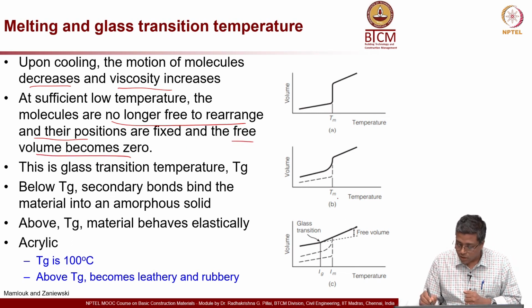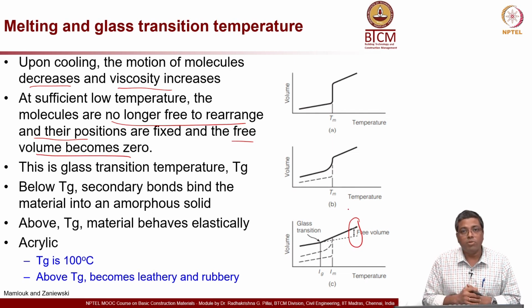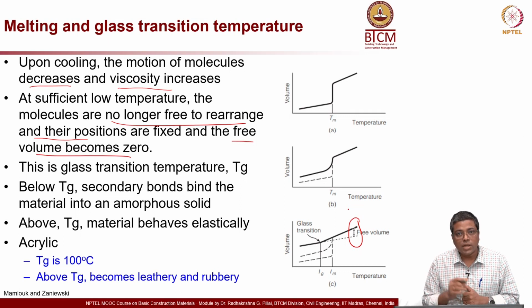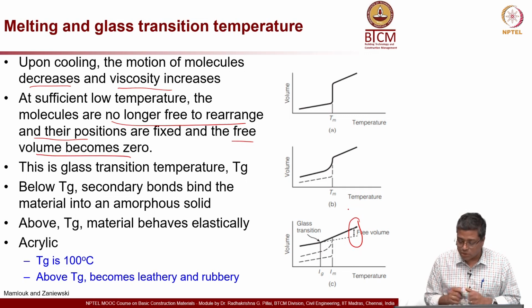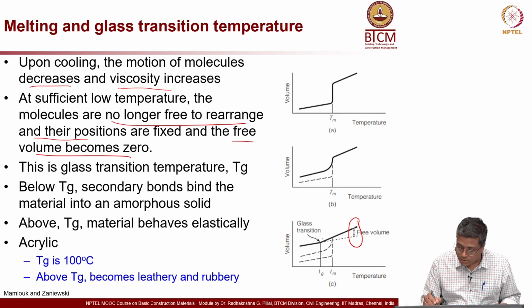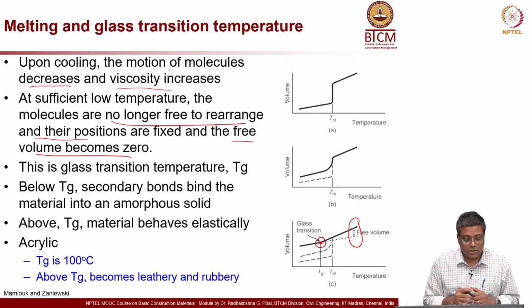Okay. So, here what is this free volume? You can look at that drawing at the bottom right. So, that free volume becomes 0, and that temperature is what we call glass transition temperature. So, I am talking about this point here. Okay. So, at this point the free volume is 0.